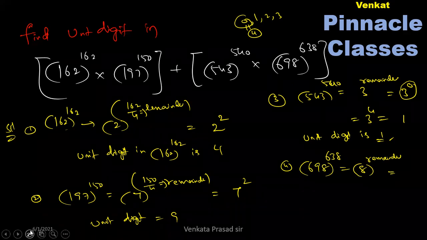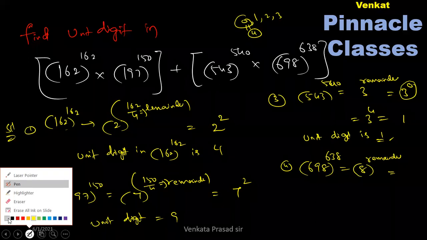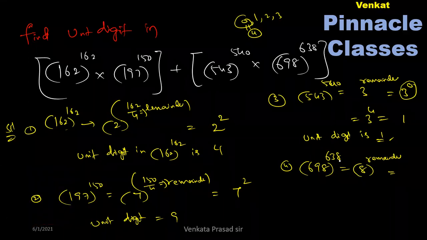That's why I'm dividing by 4 every time. 638: 38 is not divisible by 4, so a remainder is coming, which is 2. So 8 square is 64, and the unit digit is 4.